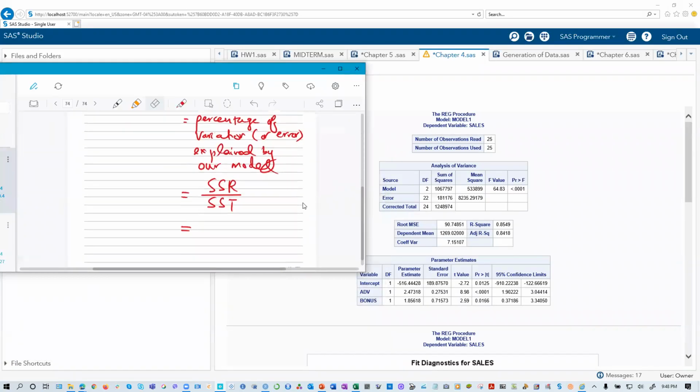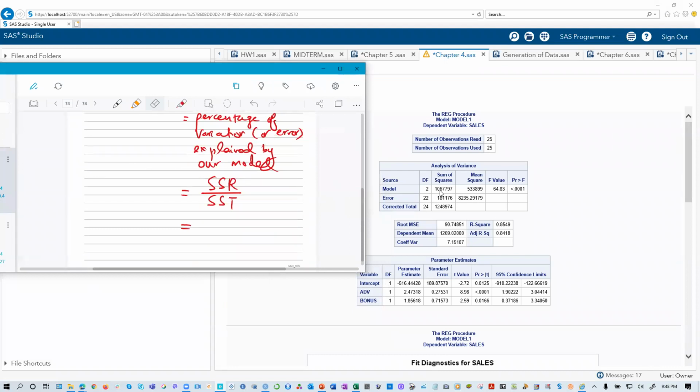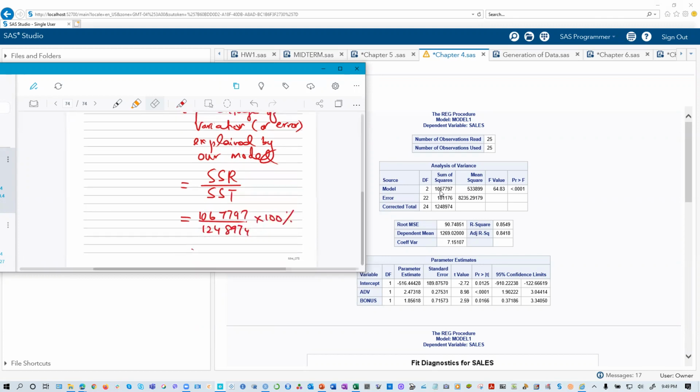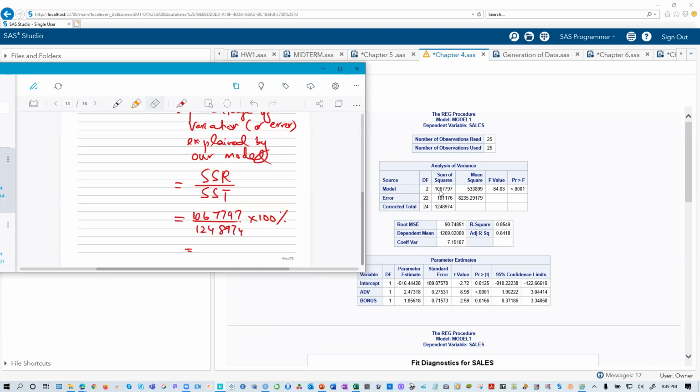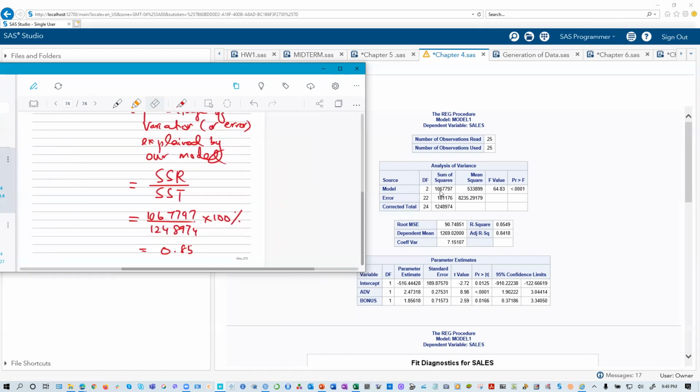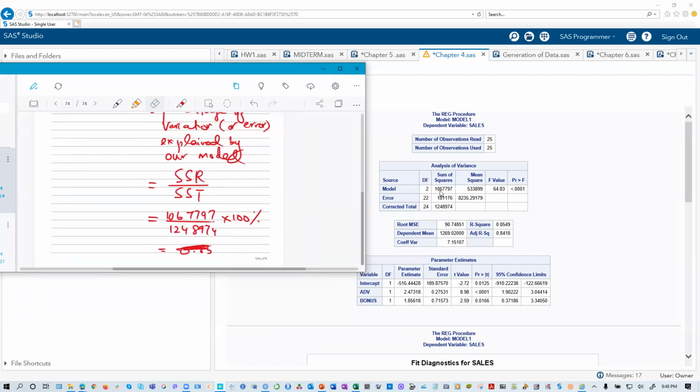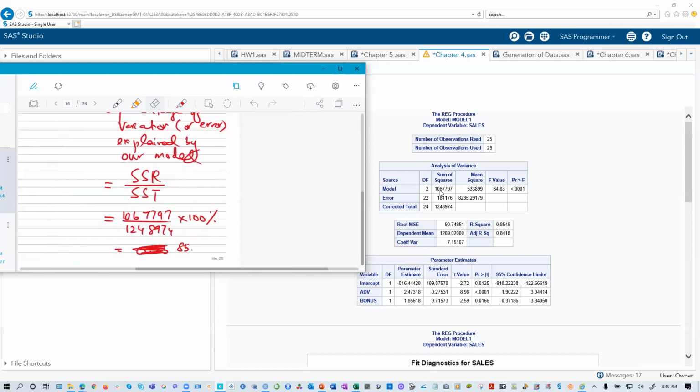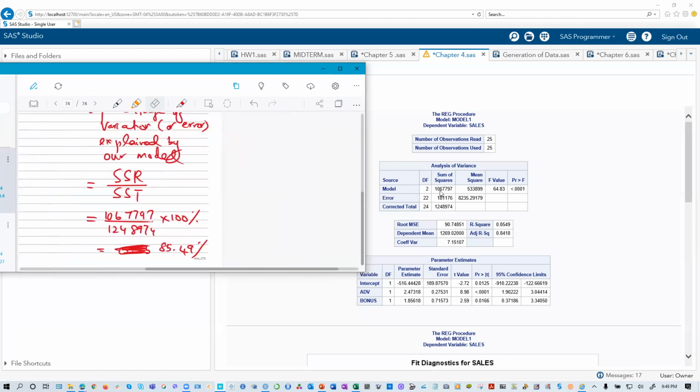SSR is 106, 77, 97 over 1224, 89, 74 times 100%. That's how much? 0.85. I'm sorry, I'm going to say 85%, 85.49%.